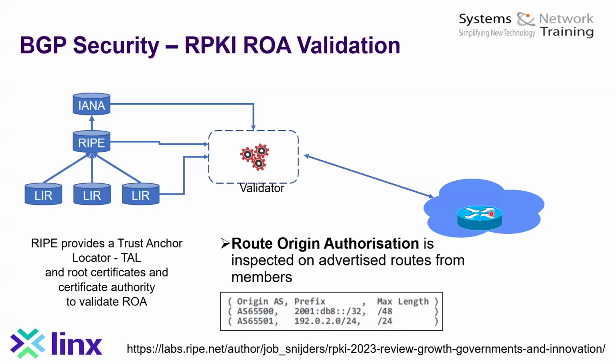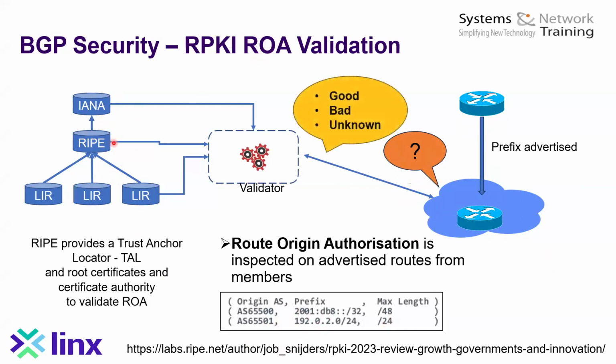When your router now receives a prefix advertised to you by another ISP, before you can trust it, your router can go and query this validator software. And they, of course, will query the Internet Registry to see if there's an ROA which vouches for that route.